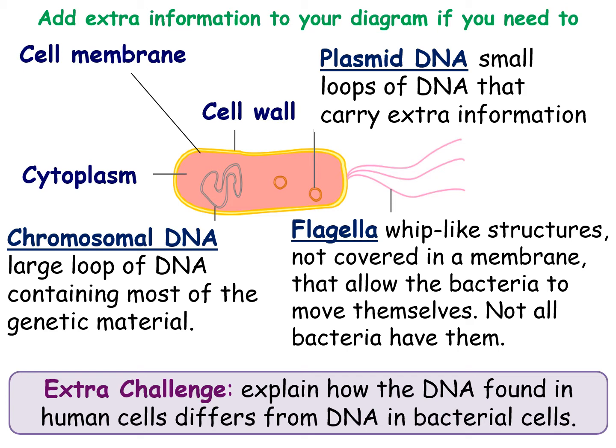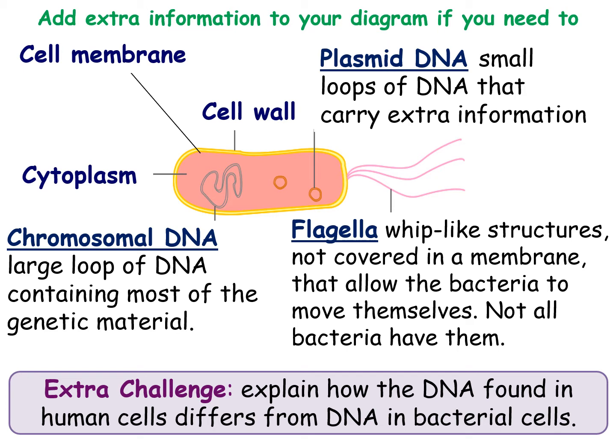Now, you may be let off from thinking that flagella might be found on animal cells as well, because there is an exception to the rule. Flagella basically help a cell to move, to be mobile. And there is a cell that you will have learnt about in year 7 that does need to be mobile in humans, and that is a sperm cell.